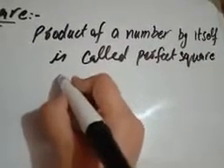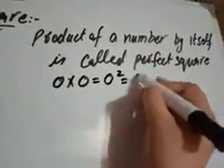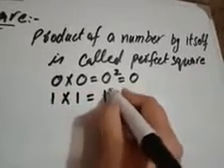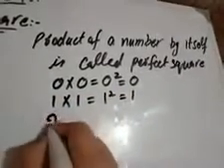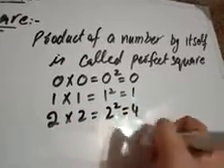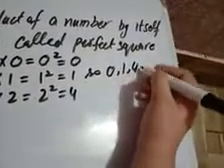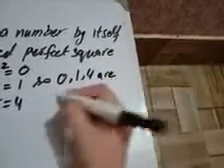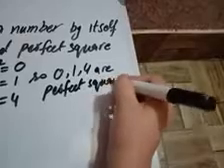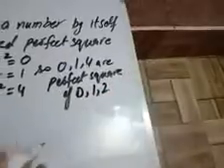As 0 multiplied by itself gives 0, 0 square is 0. As I multiply 1 by itself, it gives 1, 1 square is 1. If we multiply 2 by itself, it gives 2 square is 4. So 0, 1 and 4 are the perfect squares of 0, 1 and 2.